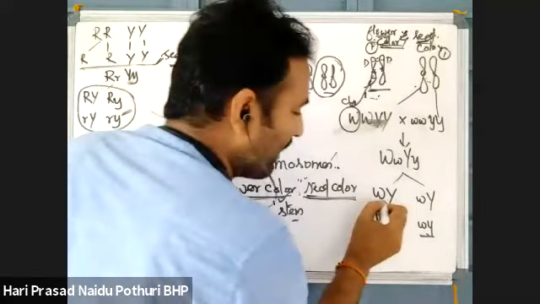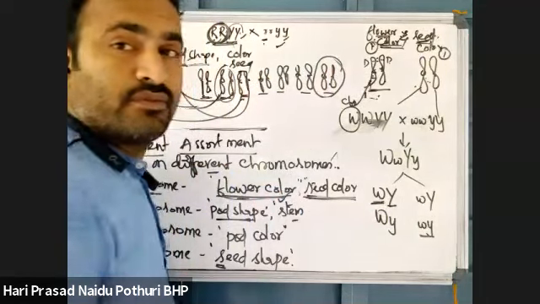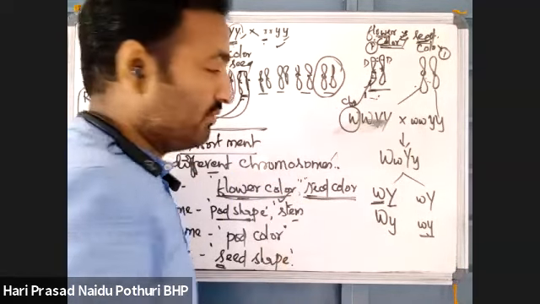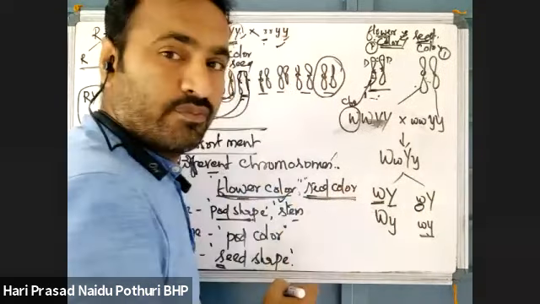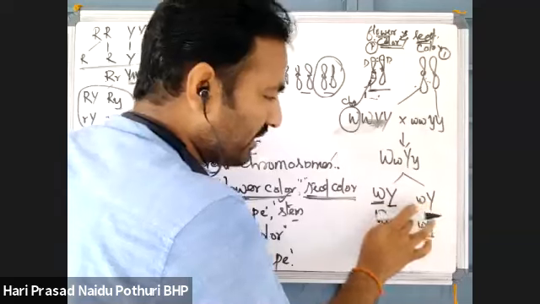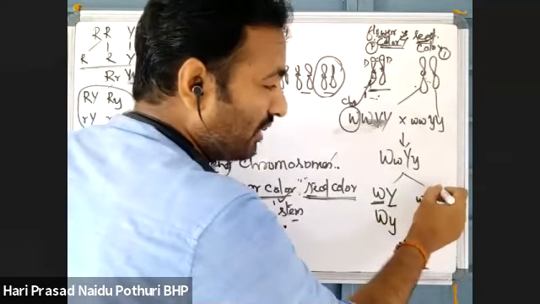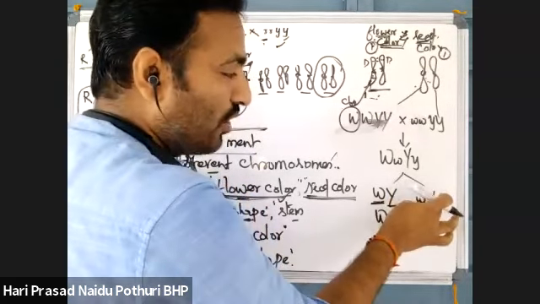So this carries both dominant. Both are present on a single chromosome. So even if it is recessive, small w means recessive, but the dominant chromosome is there now. So this Y chromosome is dominant.